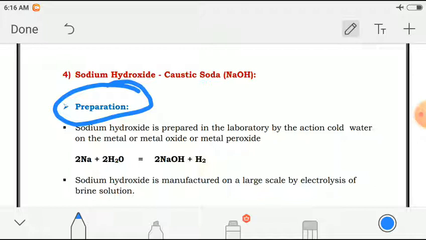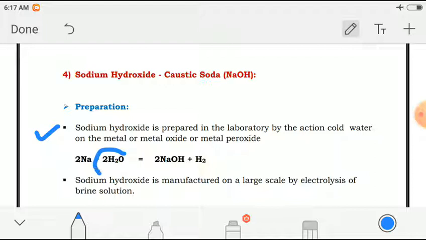Simple preparation is there. Sodium hydroxide is prepared in the laboratory by action of cold water on the metal or metal oxide or metal peroxide. See the reaction. Sodium hydroxide is prepared by action of cold water. This is 2H2O, that is water, on metal.